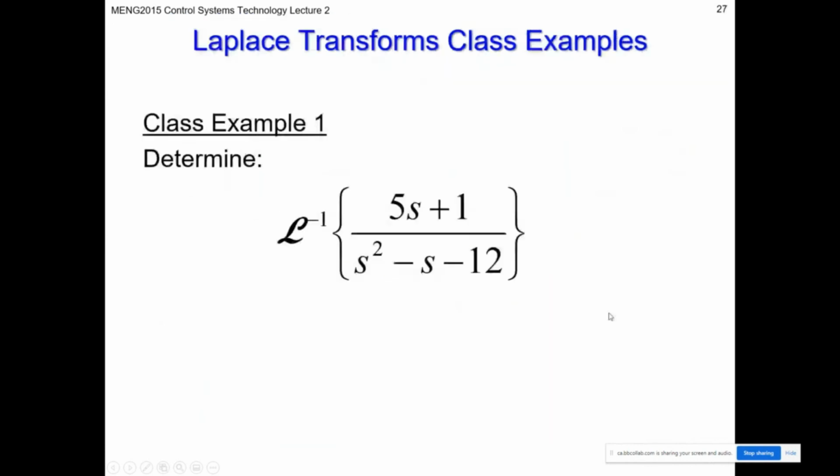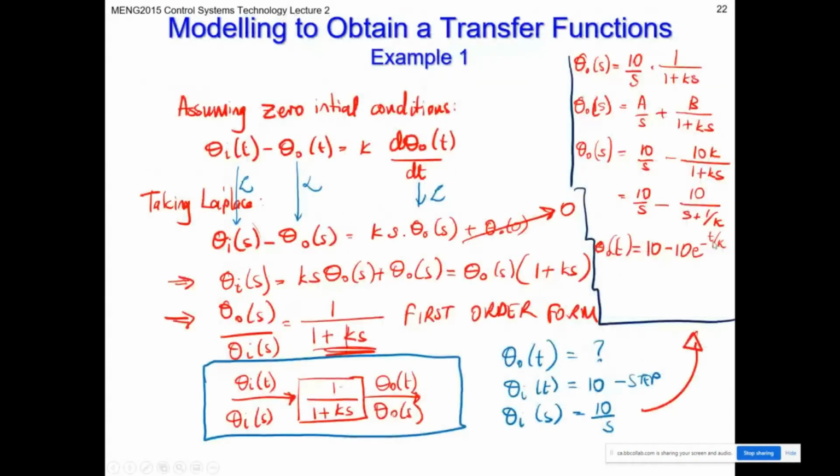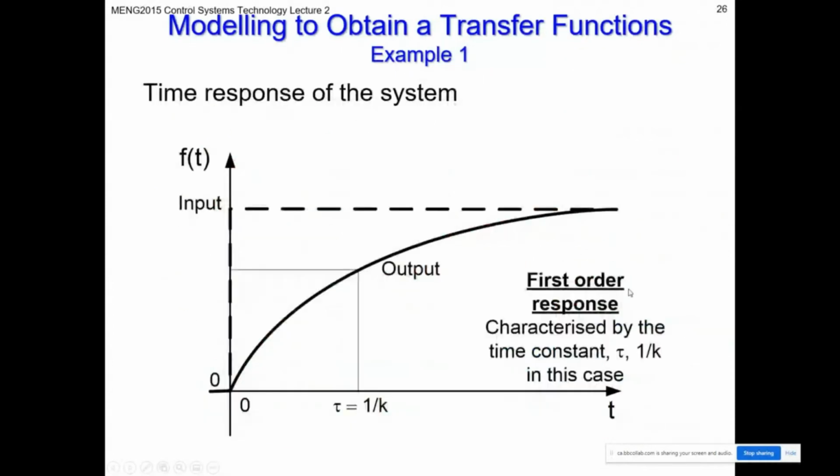Then gradually the exponential term is going to decay because it's negative. So as time increases, it's going to reduce from 1 and gradually get smaller and smaller. As time goes towards infinity, this term's getting smaller and smaller, so the system output is going to approach 10. And that's exactly what happens here. As the time increases, the system output approaches the input.